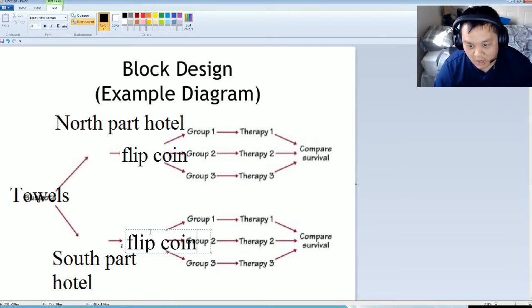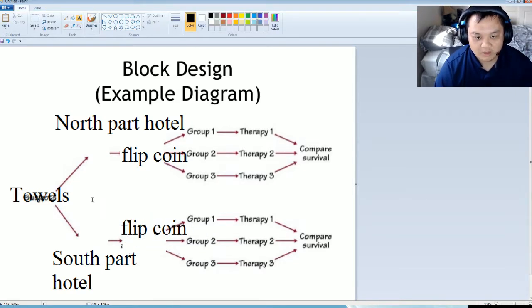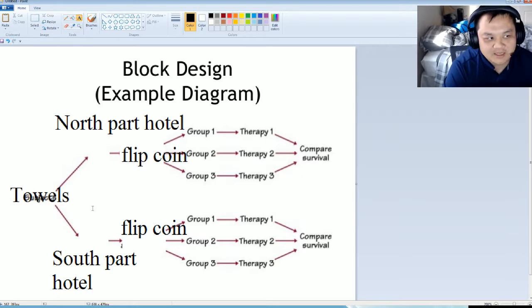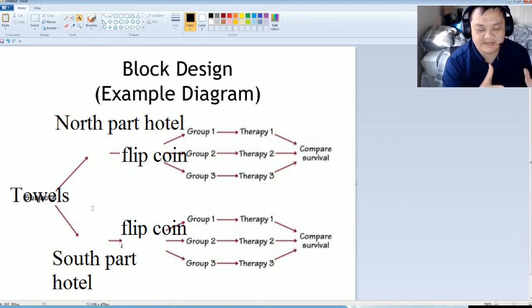But the block is just you splitting your dirty towels. He didn't split the dirty towels. That's why it wasn't block. He didn't separate the towels.